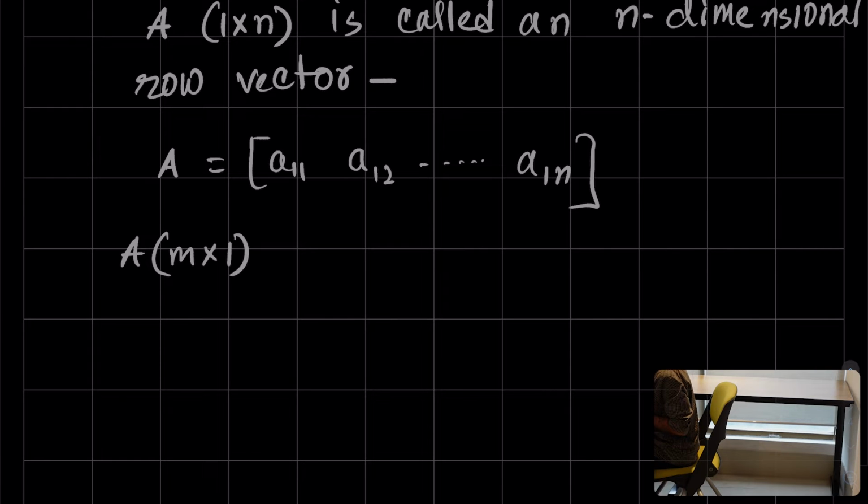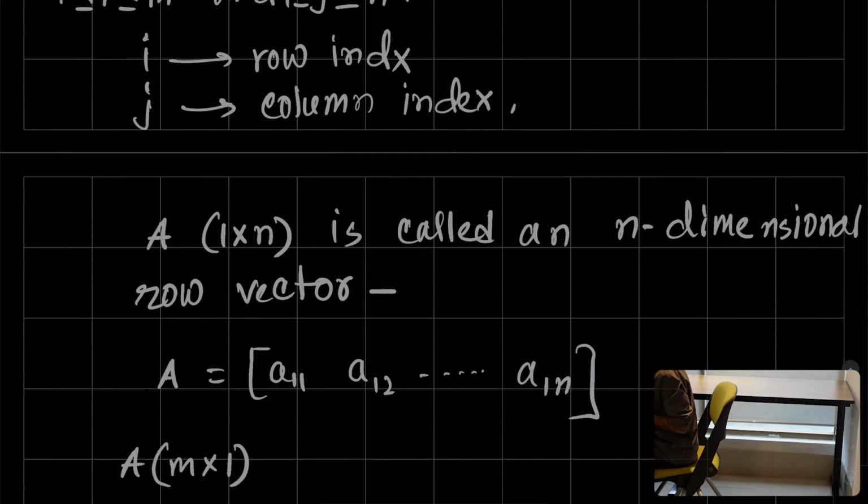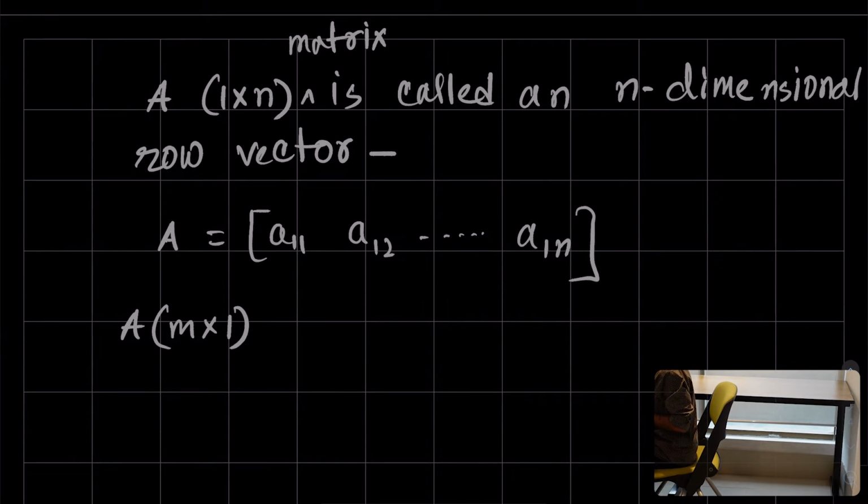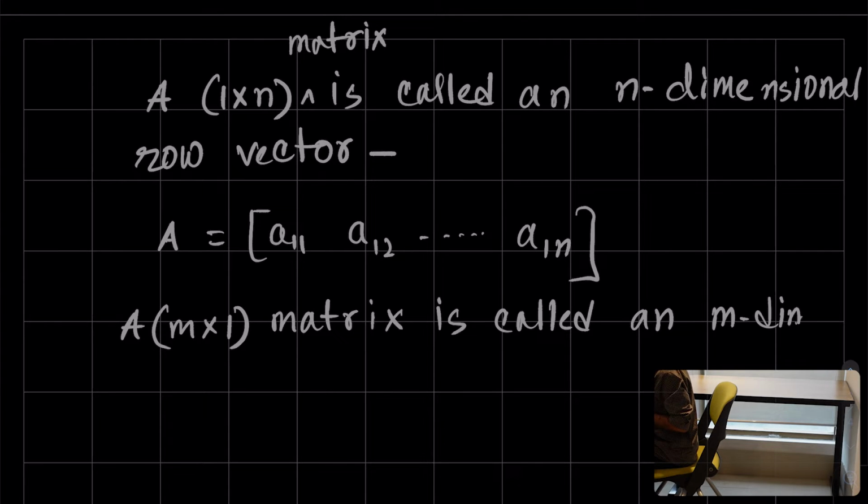Similarly, we can define the column vector, an m cross 1 matrix. So an m cross 1 matrix is called an m dimensional column vector.